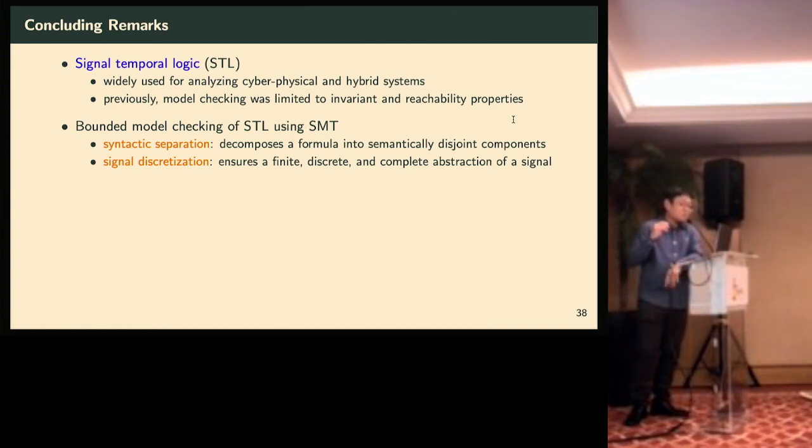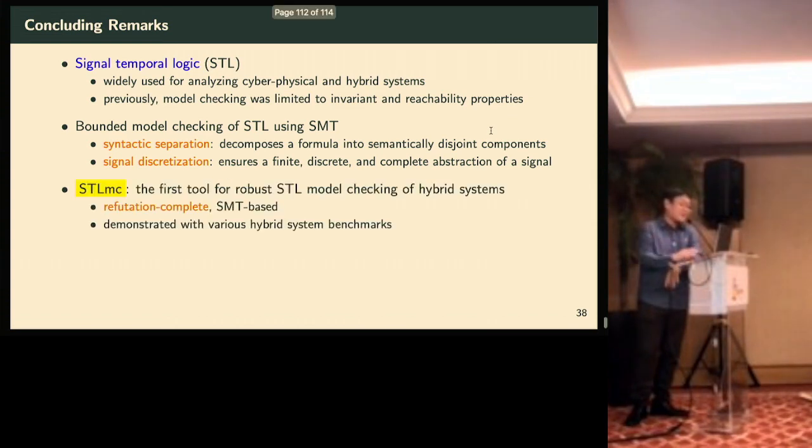Our goal is to provide a bounded model checking algorithm for a general class of STL formulas. To deal with some technical challenges, we consider syntactic separation and signal discretization techniques.